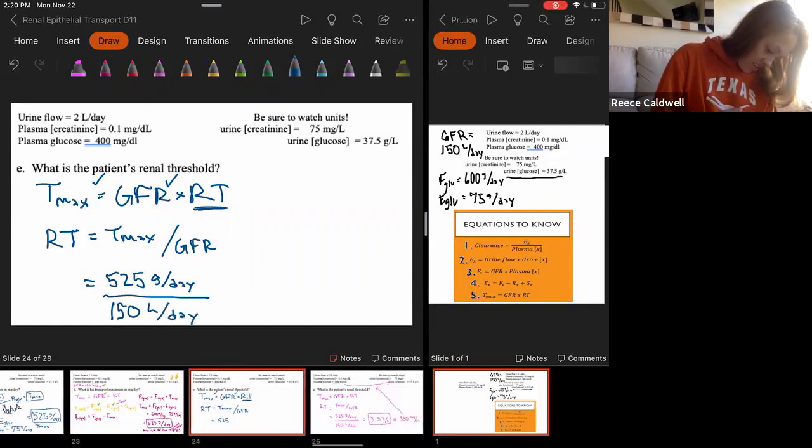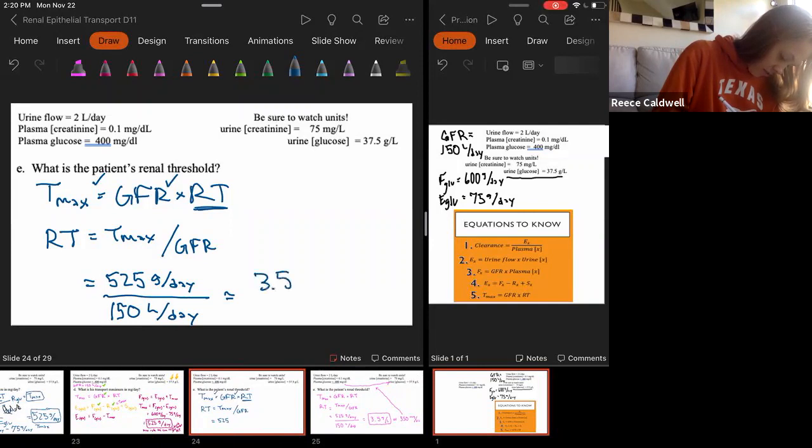So what that tells us is that we will get 3.5 grams per liter, or 350 milligrams per deciliter.